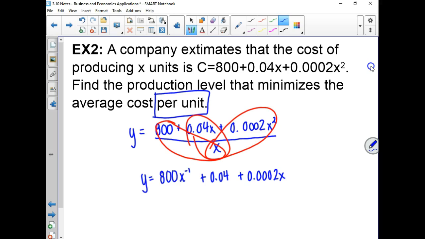And then it's a little easier to take that derivative. So whenever you take your derivative, you would have negative 800x to the negative 2. The 0.04 is just going to go away, plus 0.0002.